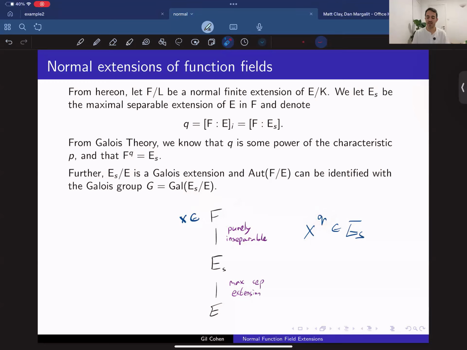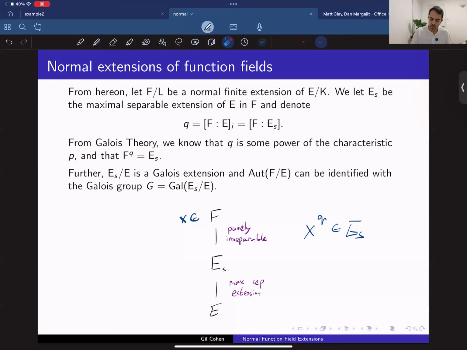So there is some q like that, such that every element to the power q goes down here. Maybe there is a smaller power that does that, but definitely q. And that q is exactly going to be the degree of this extension. We also denote this number as the index of F over E, but with this little i, which reflects the fact that we care about the inseparable extension degree.